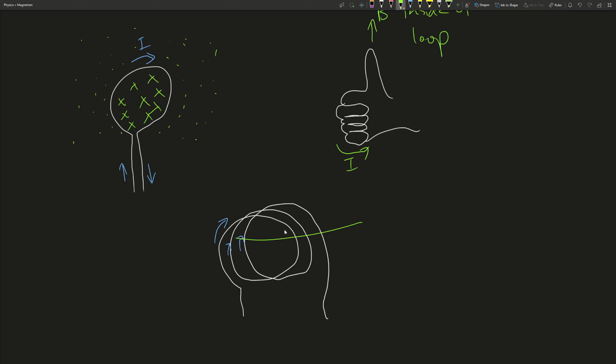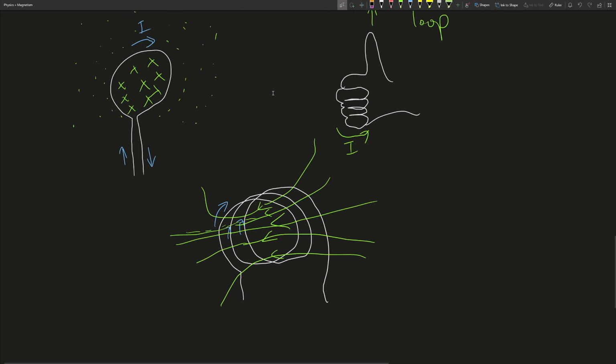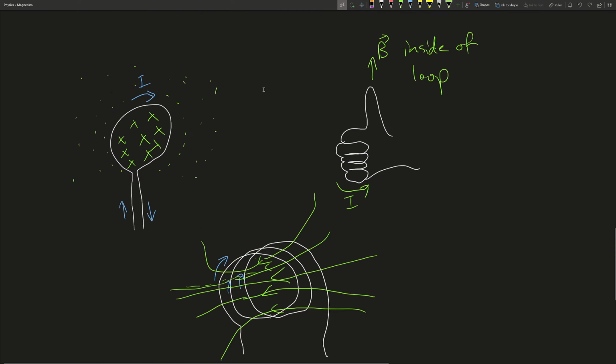I'm drawing this in 3 dimensions, but you have a magnetic field that's going into the loop, and the magnitude of this magnetic field is going to be amplified because there are essentially 3 separate loops adding together to form this magnetic field. So the magnetic field looks the same as for a single loop, into the loop, except it's greater in magnitude. If there are multiple loops or turns, the effect of the magnetic field gets amplified.